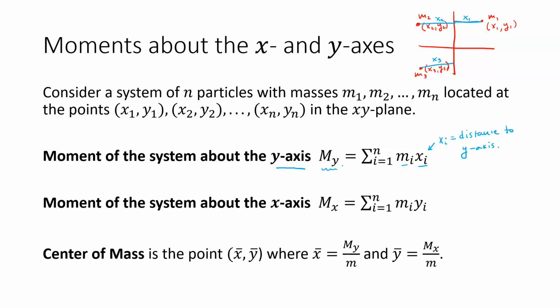In a similar way, if I'm getting their distances to the x-axis to get their moments about the x-axis, we're going to use the y-coordinates. So for Mx, we're going to use yi, which is the distance to the x-axis.